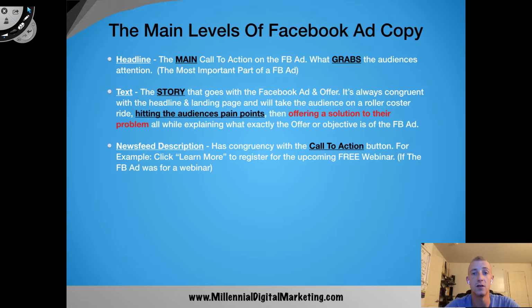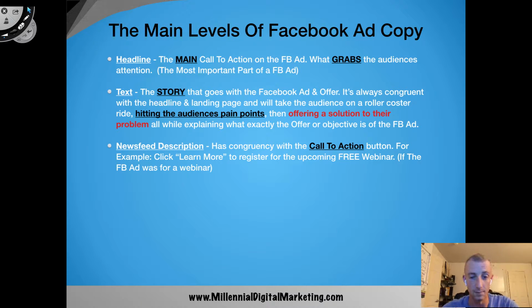So, for an example, if my call to action button says learn more, in my newsfeed description I'm going to say, click learn more to register for this upcoming free webinar.